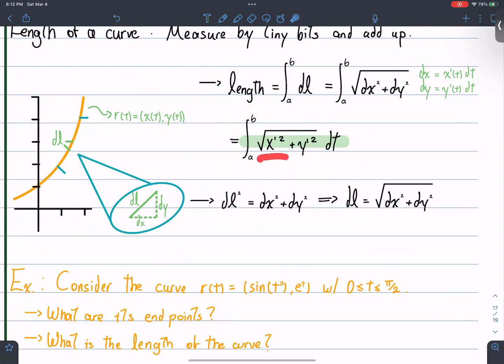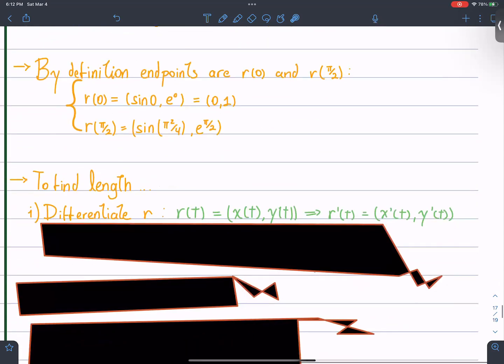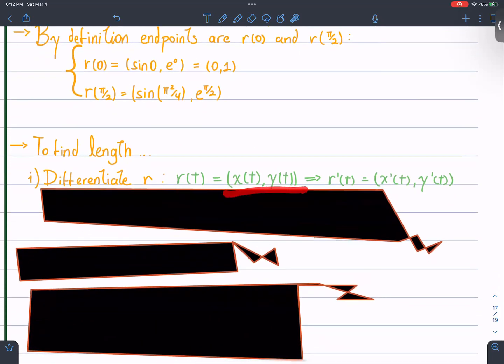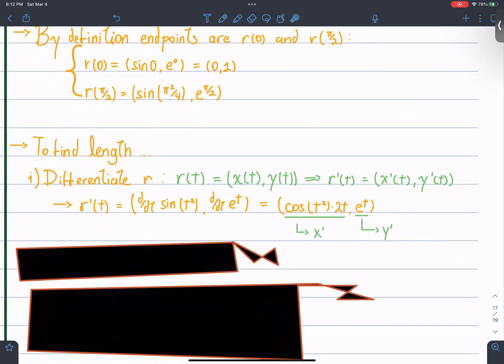We have an x prime and a y prime. So it suffices to differentiate this. And as I was saying, differentiating an array is the same as differentiating entry by entry. So the derivative of our curve means taking the derivative of both entries.